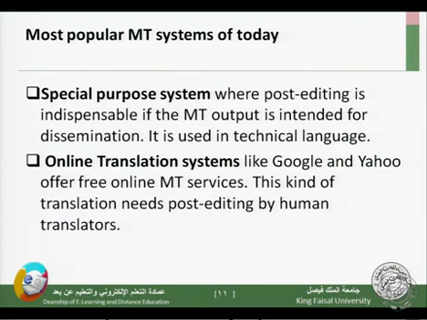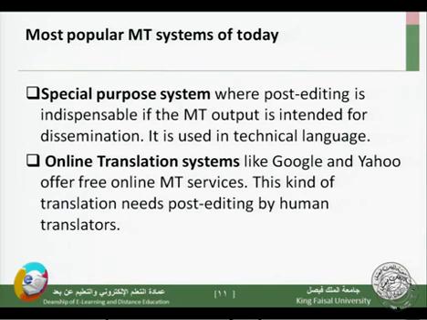It means you produce translation, but if it is for dissemination, meaning to distribute, then you have to really edit it. It means to check it. After you produce it, you have to check everything in it.